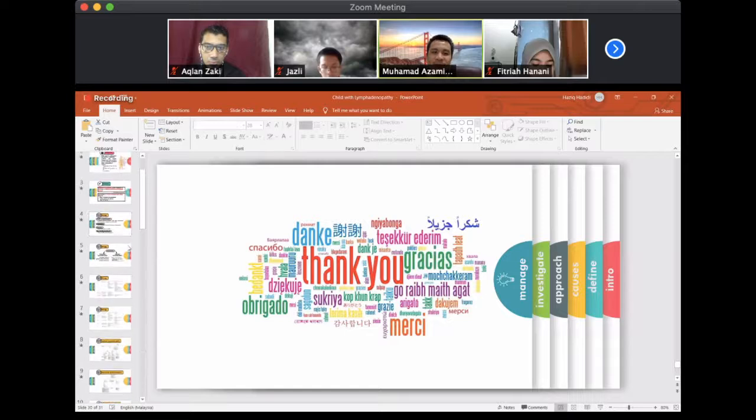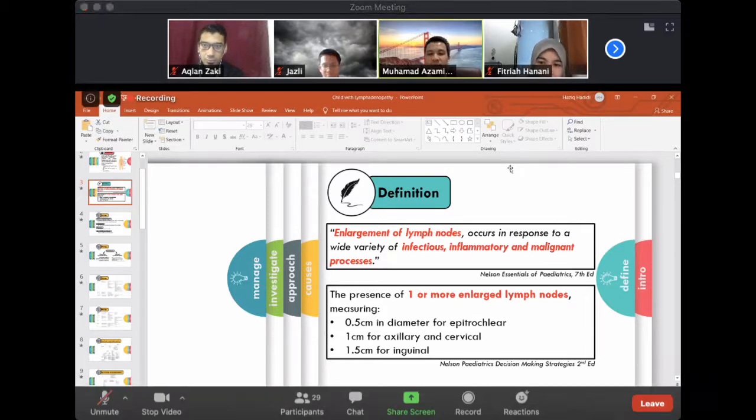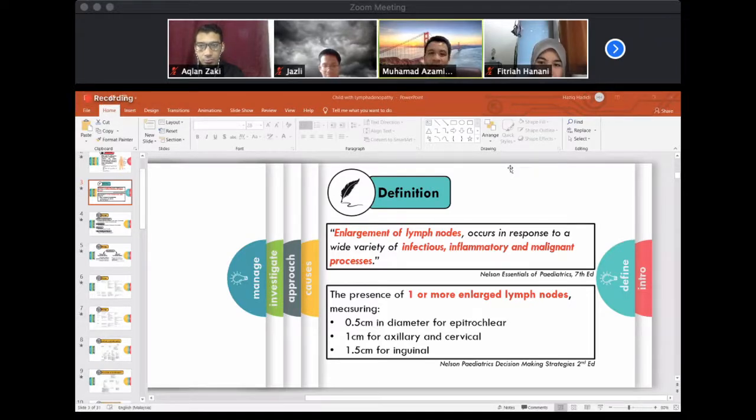Unless Haziq wants to explain where is epitrochlear. So I think everyone knows axillary, everyone knows where cervical, everyone knows where inguinal. It's just the epitrochlear that we probably don't really use much. So epitrochlear is part of your body. You need to know where it is.